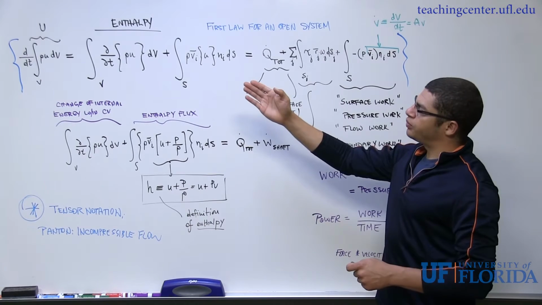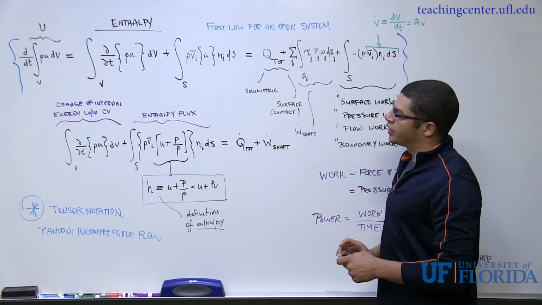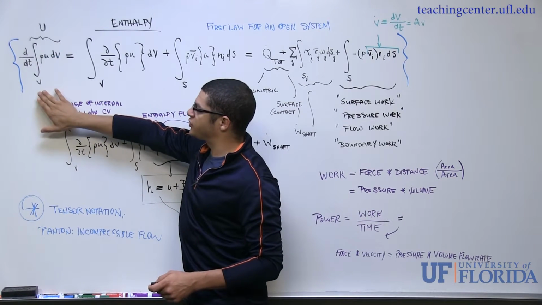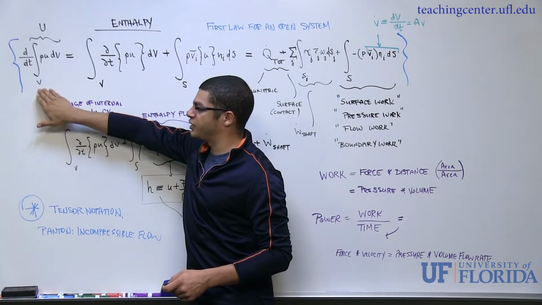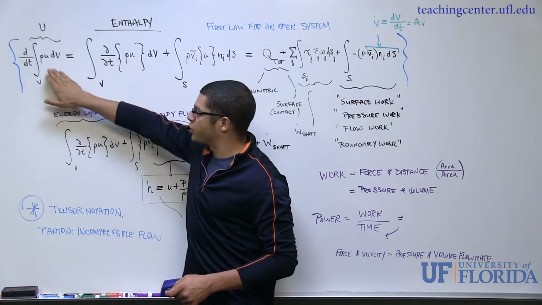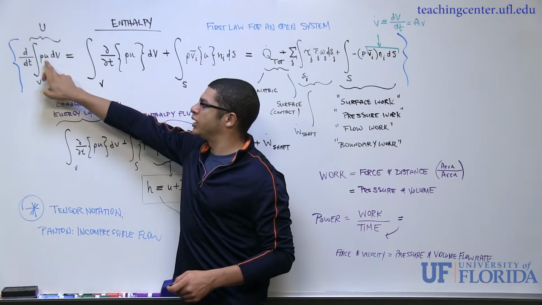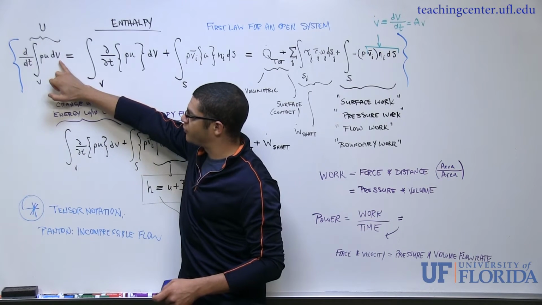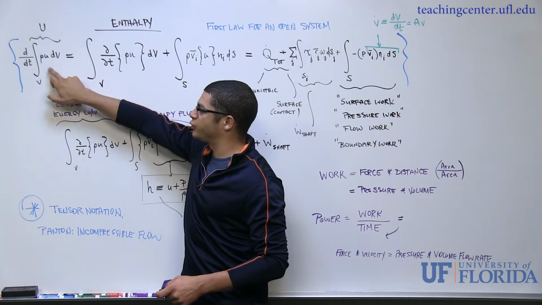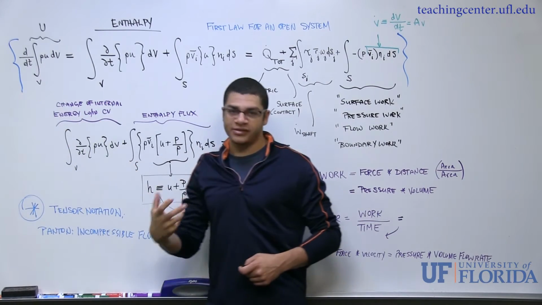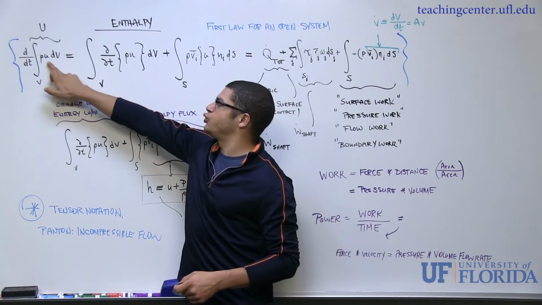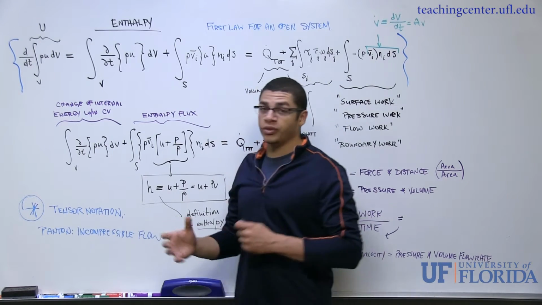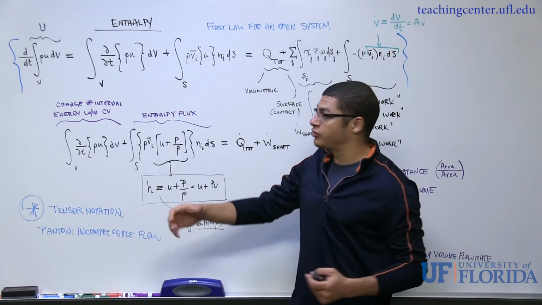So starting from the left over here, I've got this term, the time rate change of this integral over the entire control volume of the product rho little u dV, big V. So the V is for the volume, the control volume, differential volume. The rho is the density of our substance, and u is the specific internal energy of the substance, which could be a function of both space and time, obviously.